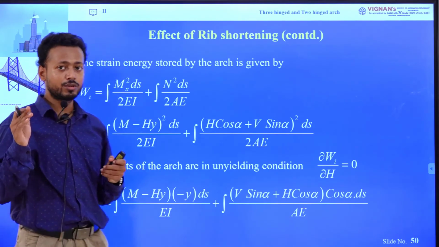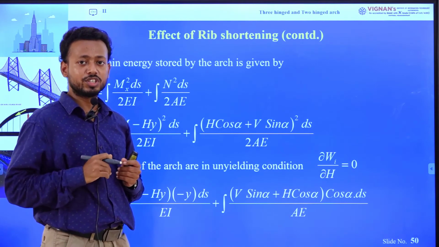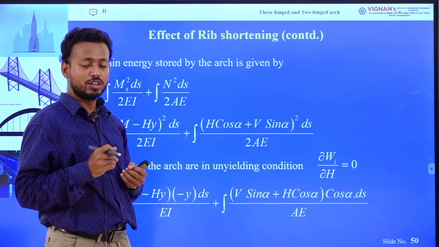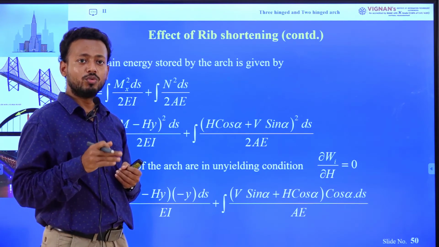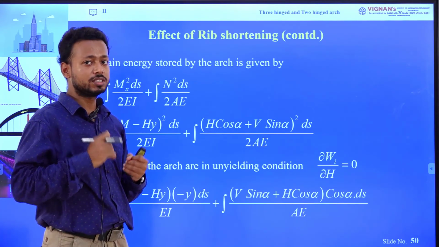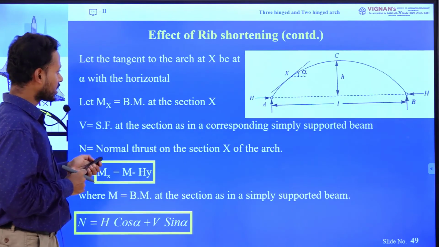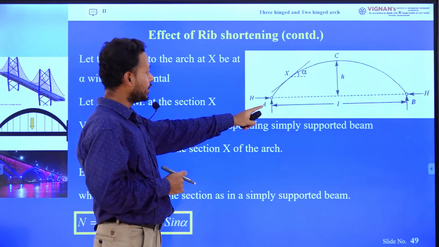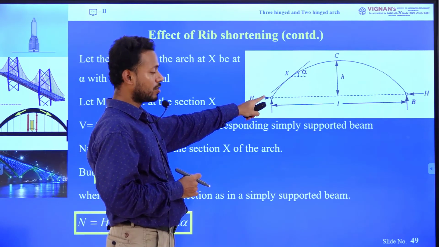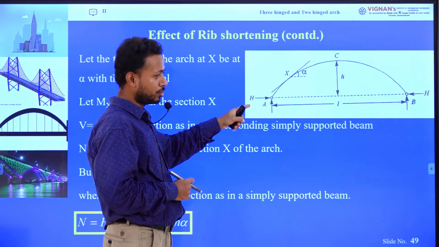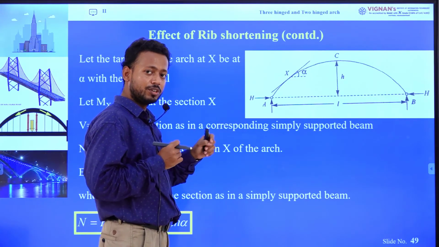According to Castigliano's theorem, the partial differentiation coefficient of total strain energy will be the deflection of any system. As the arch's supports are unyielding, that means they cannot be displaced from their initial position, so the deflection will be 0.